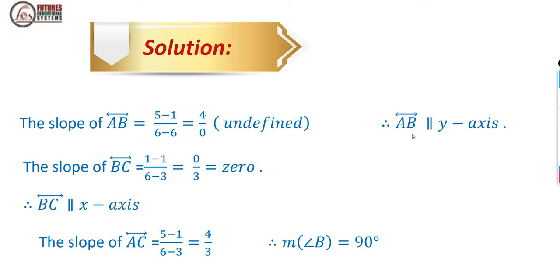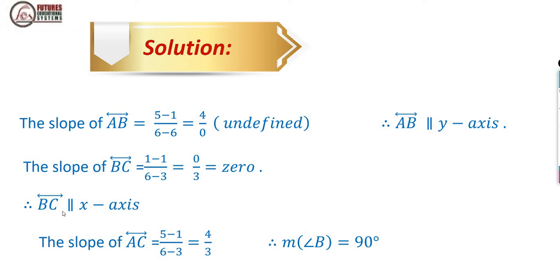Since AB is parallel to the y-axis and BC is parallel to the x-axis, therefore they are perpendicular. We get the slope of AC, difference in y over difference in x, gives 4 over 3.